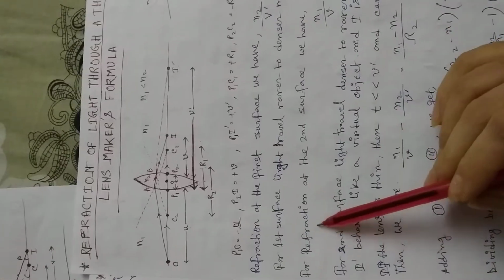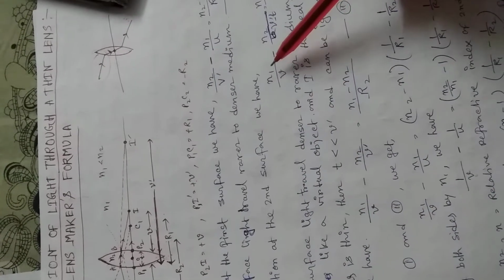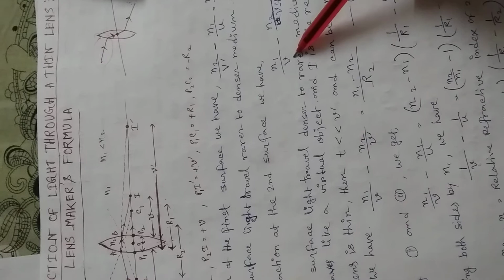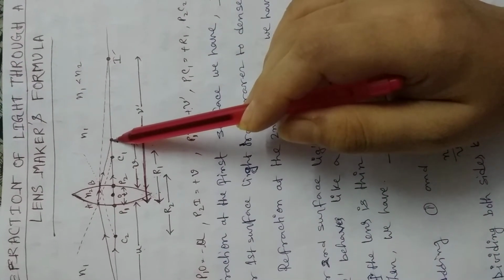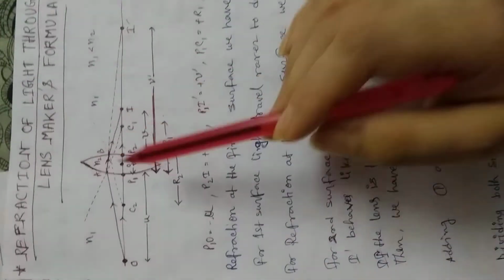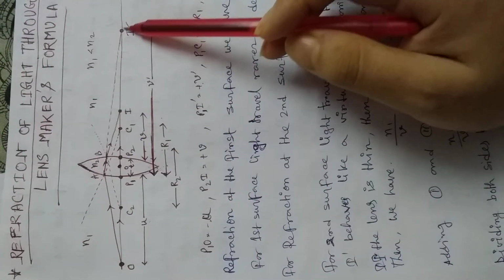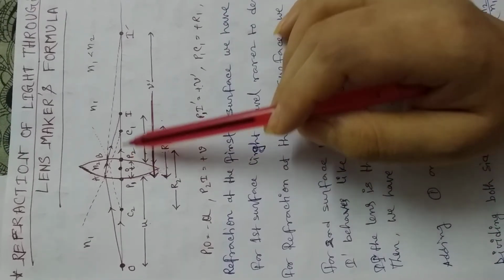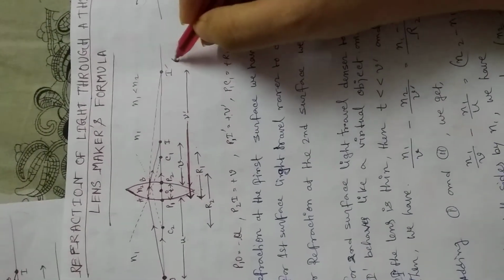Okay, so for refraction at the second surface we have N1 by V. V is the image. So for the second surface this is the image, and this is the object. For the first surface this is the object and this is the image, but for the second surface I is the image and I dashed is the object, but here I dashed behaves like a virtual object for the second surface.